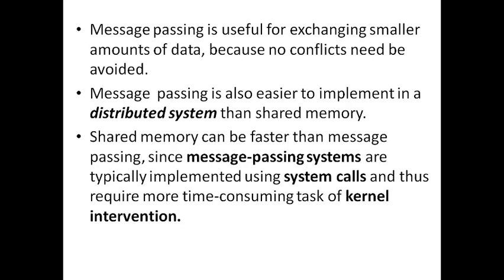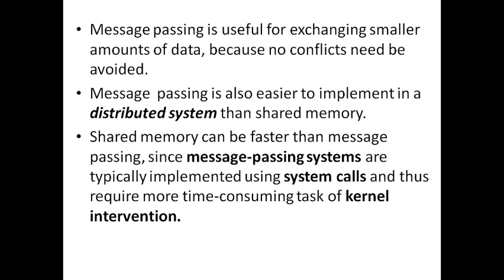The reason shared memory should be preferred is that it's faster than message passing, because with message passing every activity requires system calls. When you want to create a message queue, you need a system call. When you want to write into the message queue, a system call. Similarly, reading from the message queue also involves the OS kernel, so it has to happen only in kernel mode.